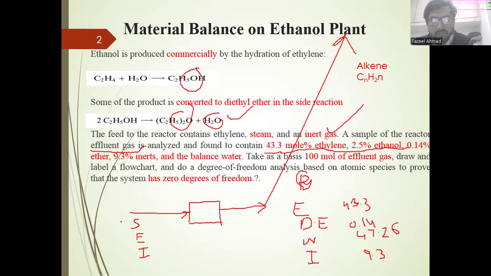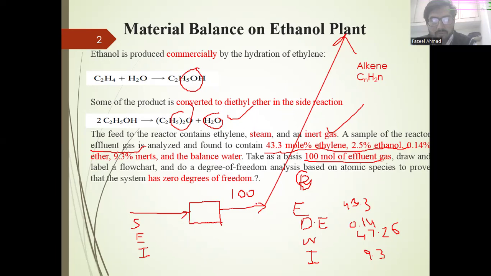In this question, we are taking the basis of 100 moles of effluent gas. This information is given in the question statement. What is the basis of calculation? The basis of calculation is the amount from which we start our material balance.